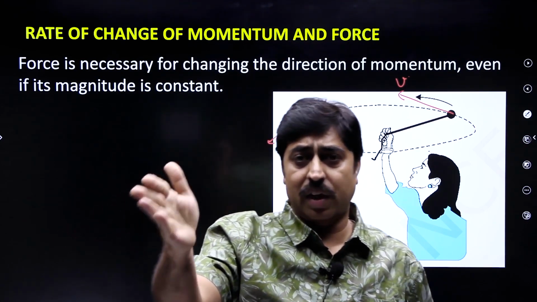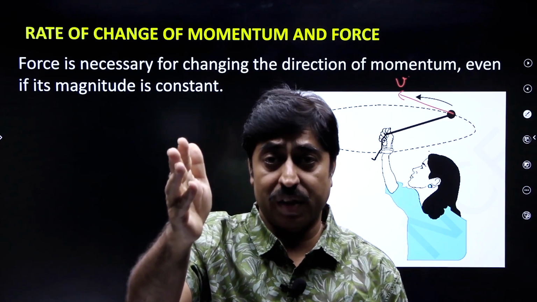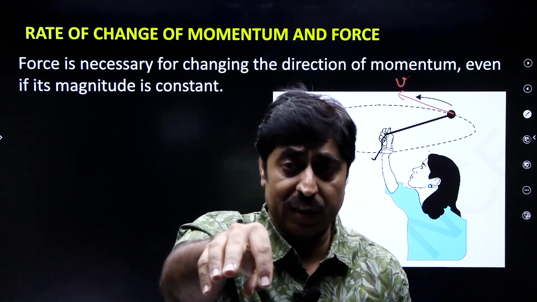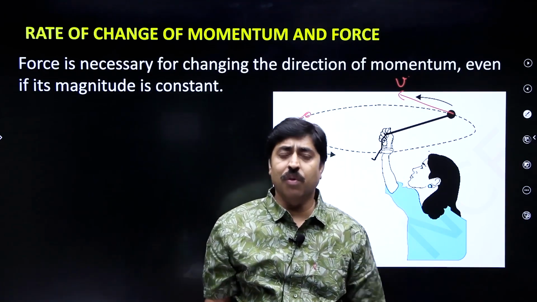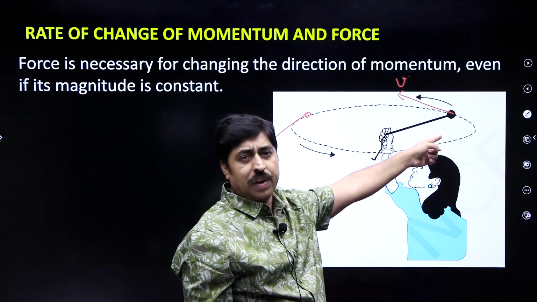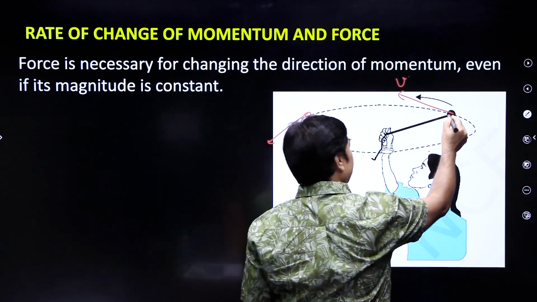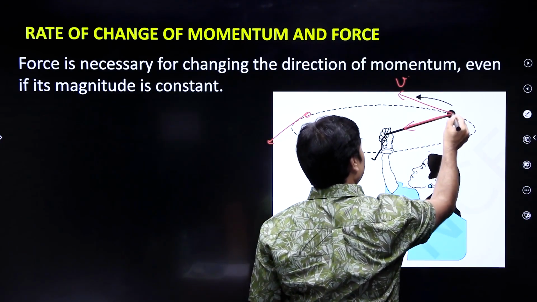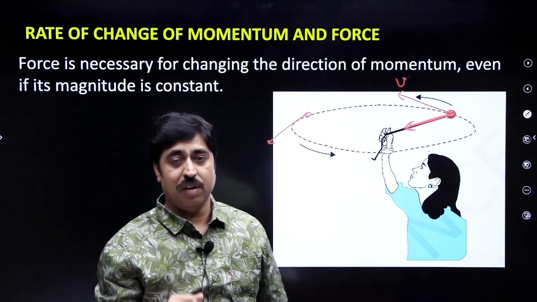If the direction of velocity is changing, it means the direction of momentum is changing, which means momentum is changing. So, momentum can change only when there is some external force. In the absence of any external force, this object cannot go in a circle. Here, this string applies an external force on this object and causes it to move on a circle.